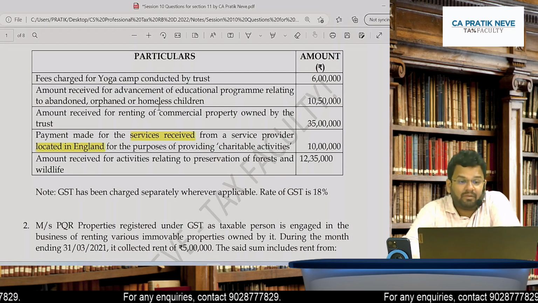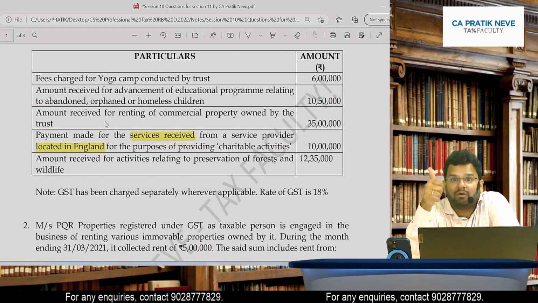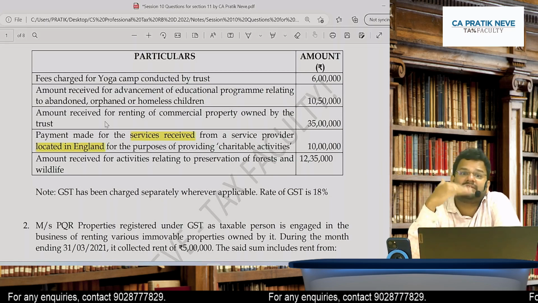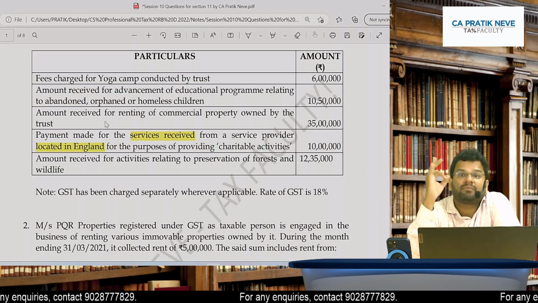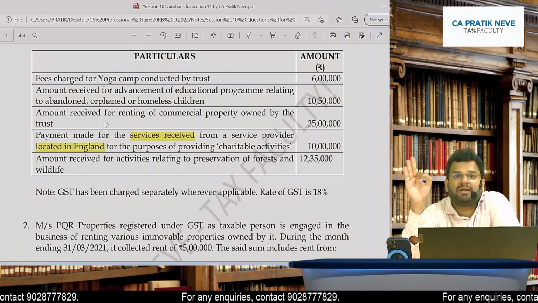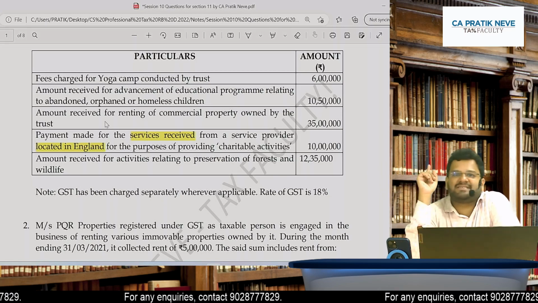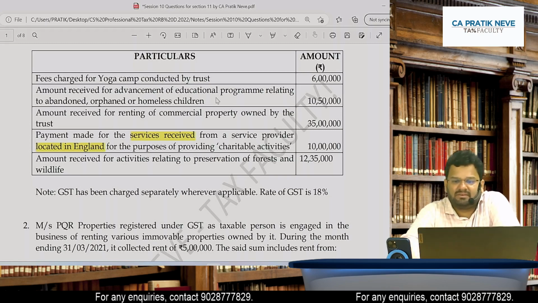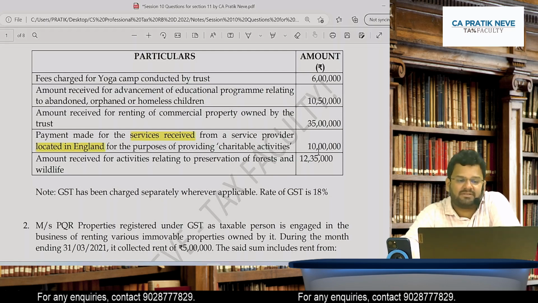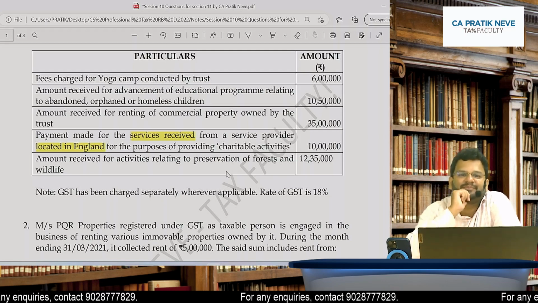But what I want to tell you is, at this point, if government or a charitable trust imports any service, it is specifically exempted. It is given in the exemption notification of IGST. So on this, no tax will be payable even on reverse charge basis. I hope it's clear to all of you.